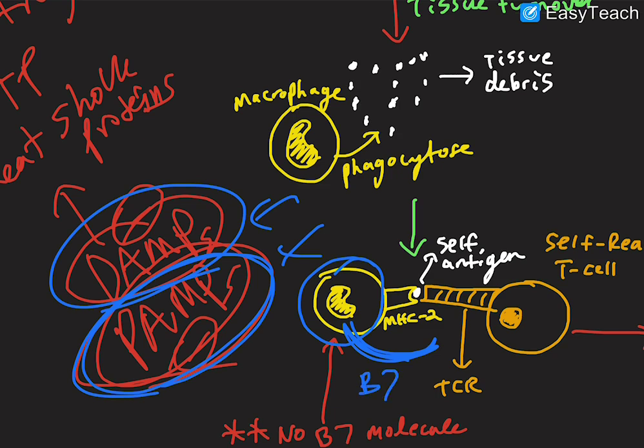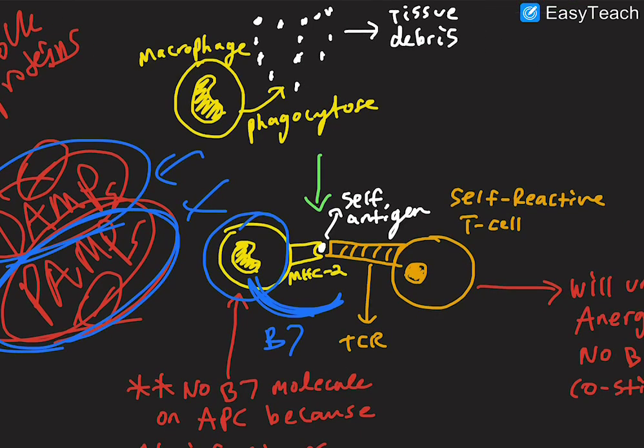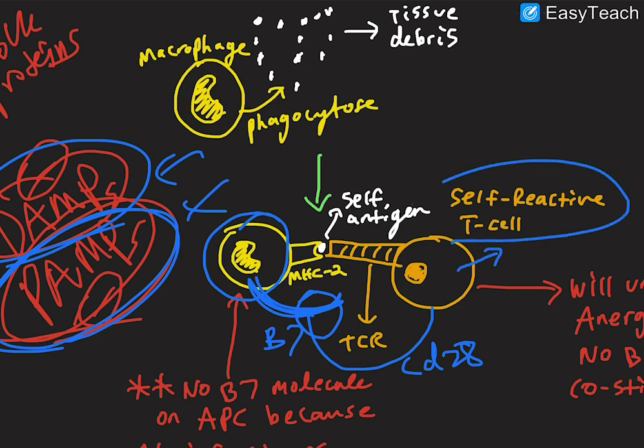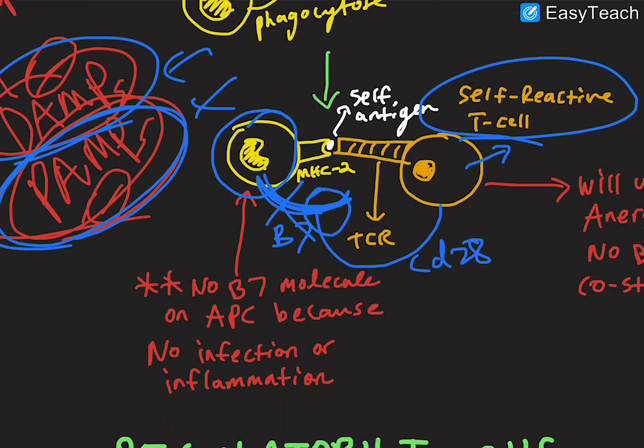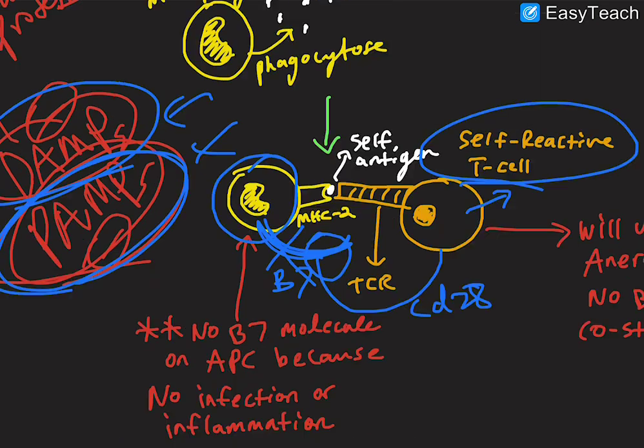Why is B7 important? Because the T cell has CD28 that binds to B7. If this interaction occurs, remember, this activates the T cell. And we don't want that because it's a self-reactive T cell. But if there's no B7, this self-reactive T cell does not get activated because there is no infection or inflammation or trauma.